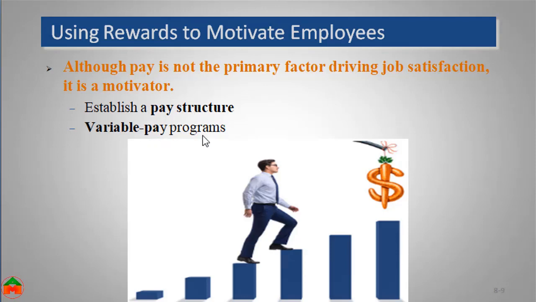Then it is imperative that an organization utilizes the pay system and applies it to the pay of individual employees. That means, although payment is not a primary factor for ensuring job satisfaction, the managers can use this pay structure and variable pay to motivate the employees, because otherwise they will be demotivated due to dissatisfaction.